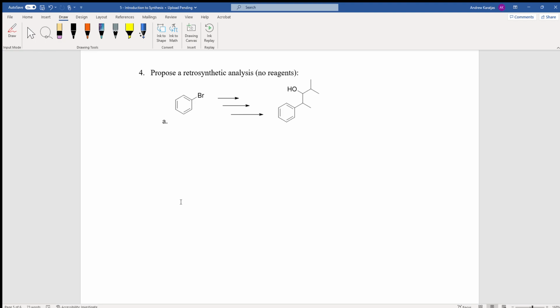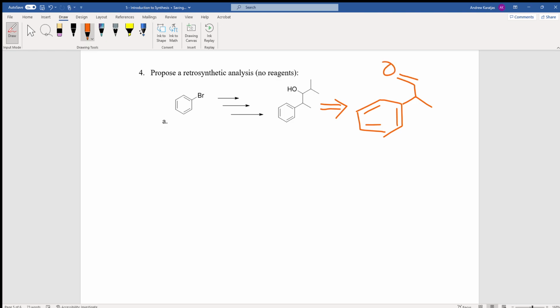What I also see then is an alcohol. And I know that I can make an alcohol while also adding carbons.